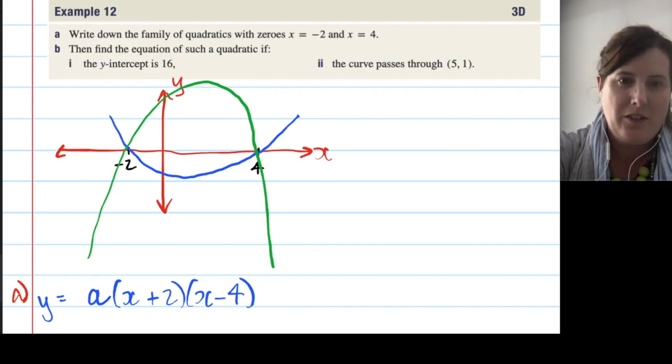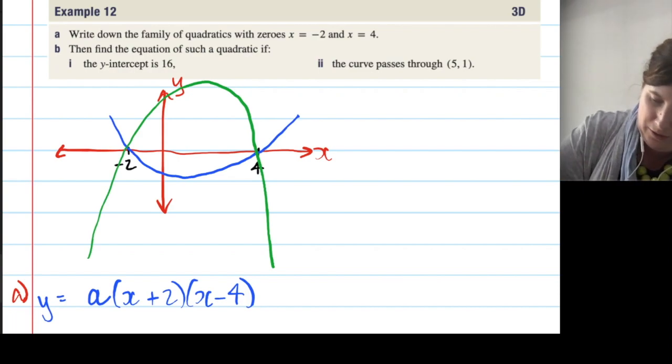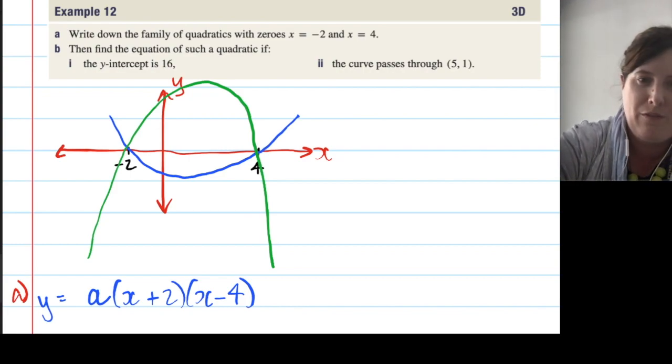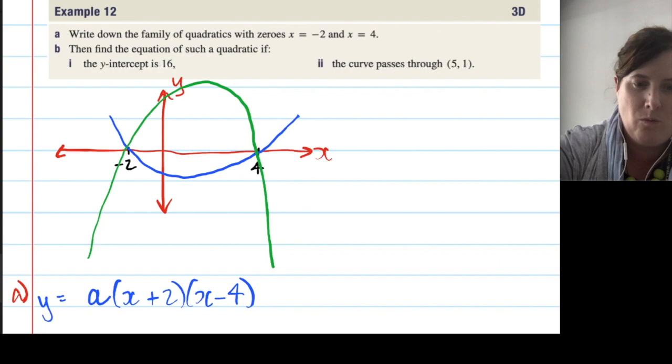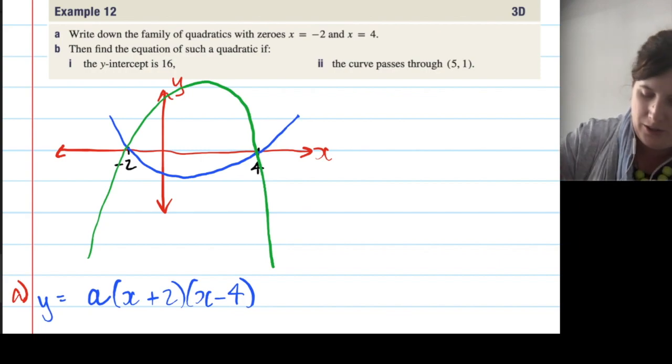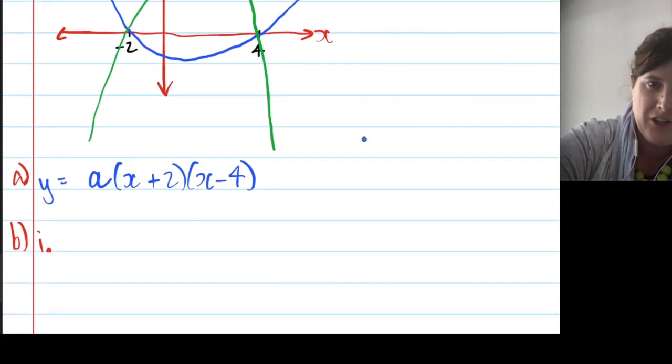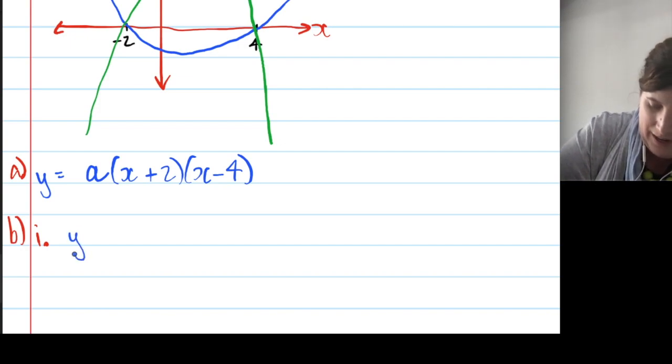So if I then do example B, they've now given me more information. They've said that the y-intercept is 16. What information is that though? From my generic answer in A, I had y equals A outside of x plus 2, x take 4.